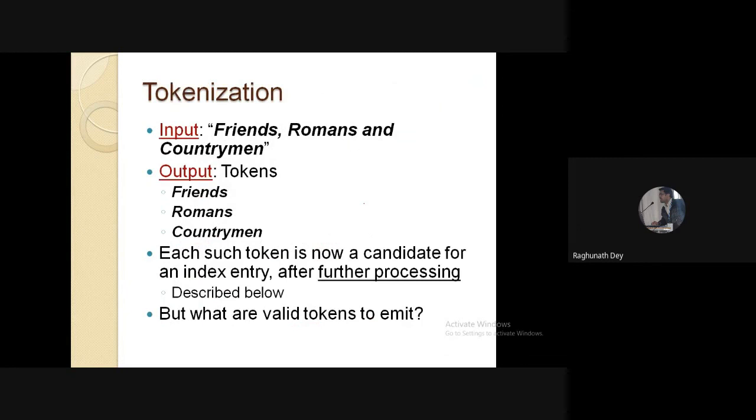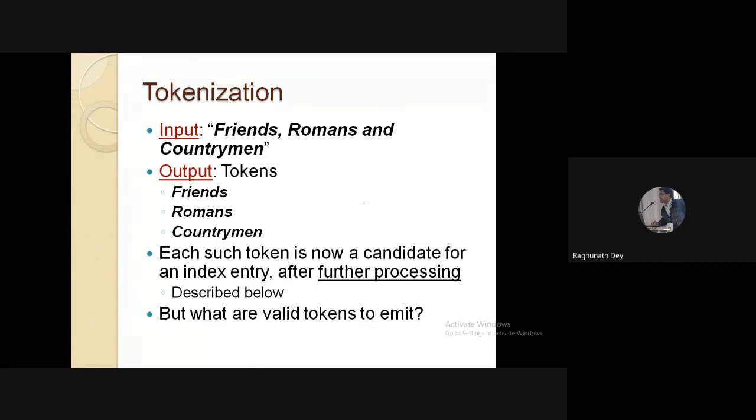Whatever document you have got into your system, in the first step, you should segregate that. You should decompose that. You should break it into all the different terms, different words. In the figure also, we have taken the examples of different words like friends, Romans, and countrymen.